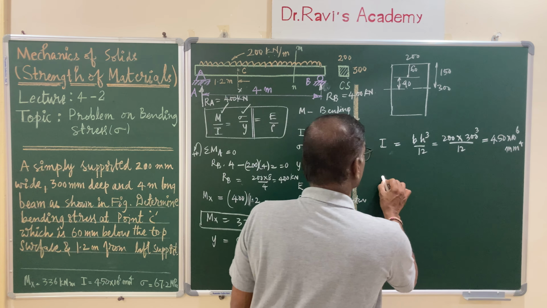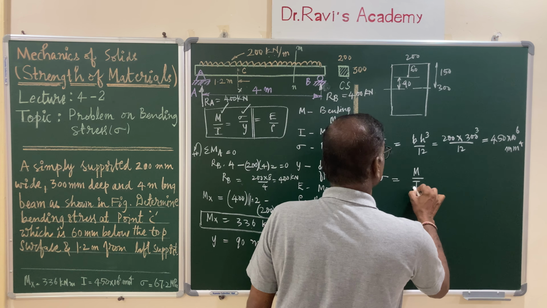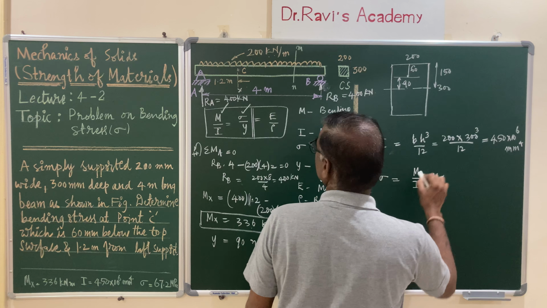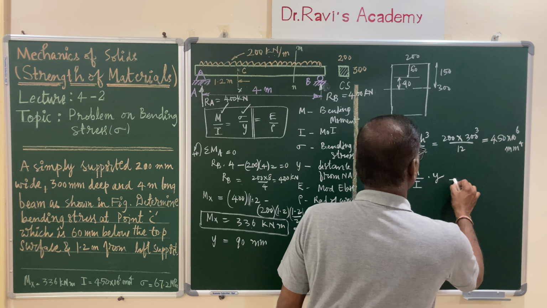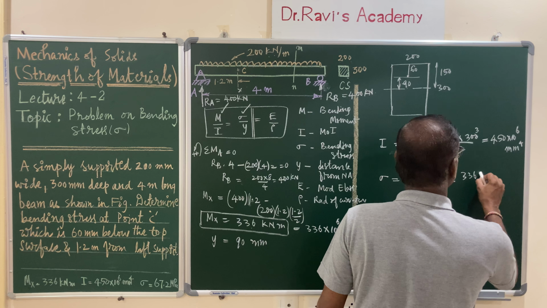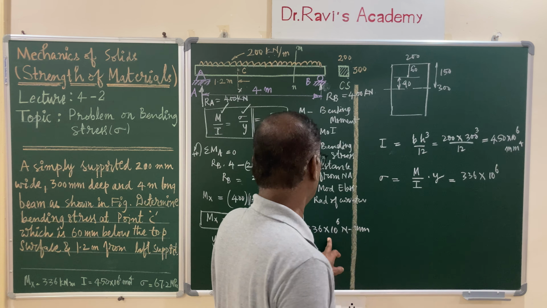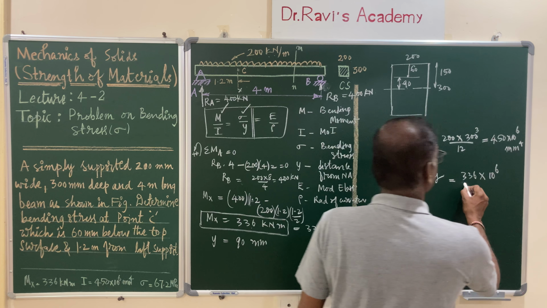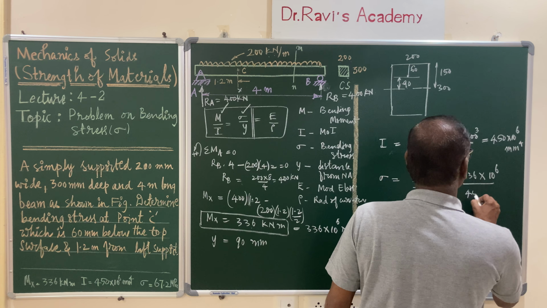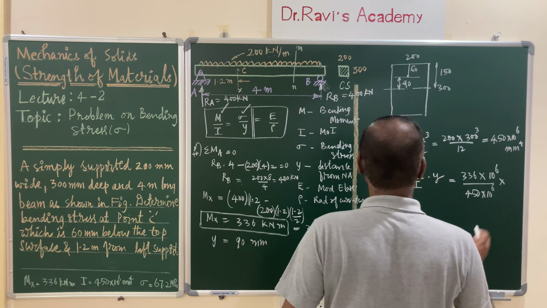The bending stress sigma is equal to M by I into y. Substituting all the values, M is 336 into 10 to the power 6 Newton mm, divided by 450 into 10 to the power 6, into the y value of 90 mm.